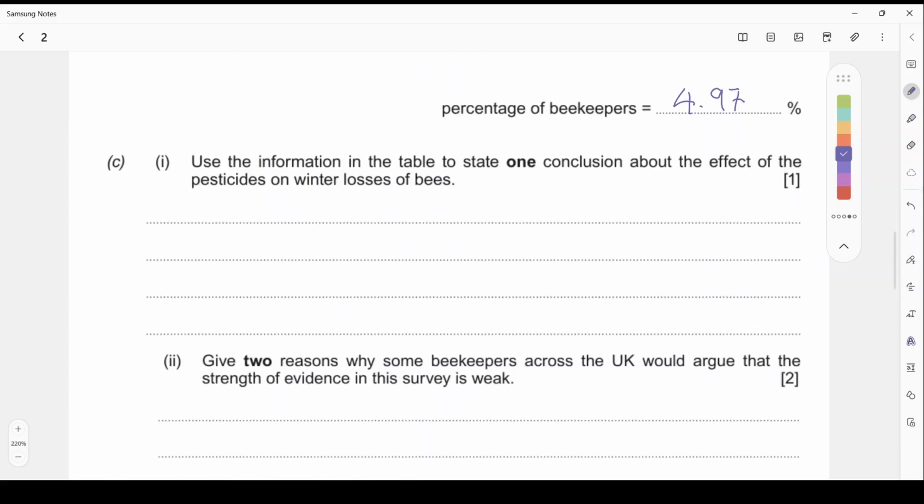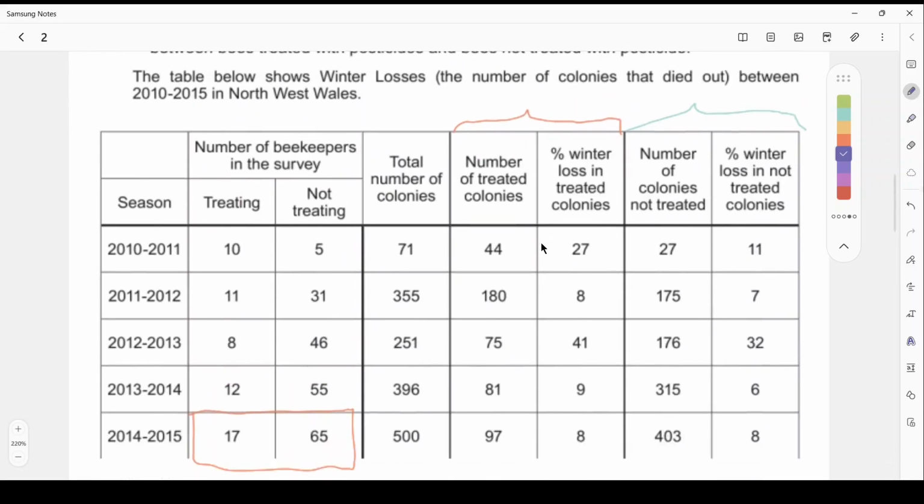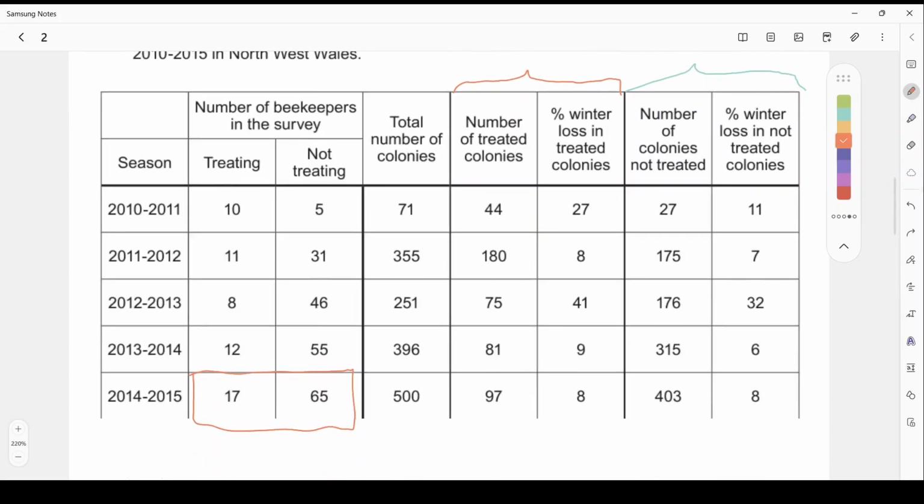All right. Part C1. Use the information in the table to state one conclusion about the effect of the pesticide on winter losses of bees. So let's scroll up to the table. If we compare this column with this column, you can see that the ones treated with the pesticides have a much greater percentage loss.